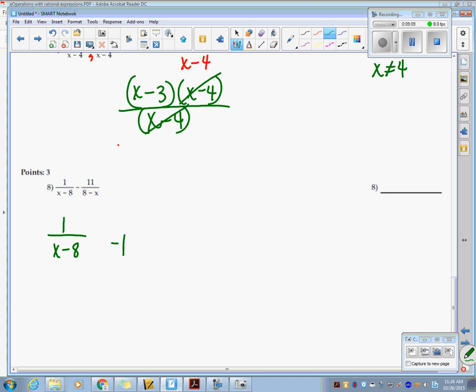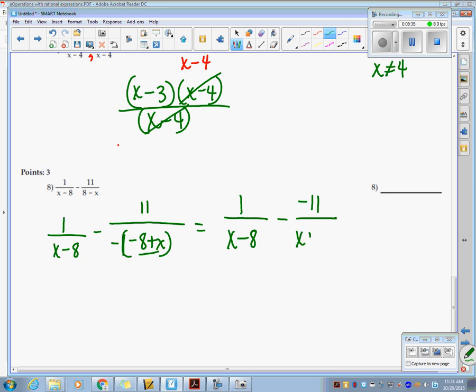So this is going to be -8 plus x. And what I realize is that if I factor out this -1 here, I can kind of move it to the top. So this becomes 1 over x minus 8 and minus -11 over, and this is really the same thing as x plus 8.